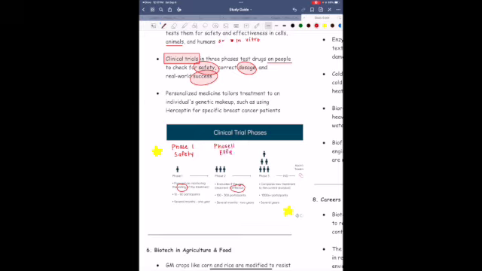And then we've got personalized medicine, right? So this is going to be, instead of that one size fits all, medicine made for your individual genetic makeup. So think about Herceptin.